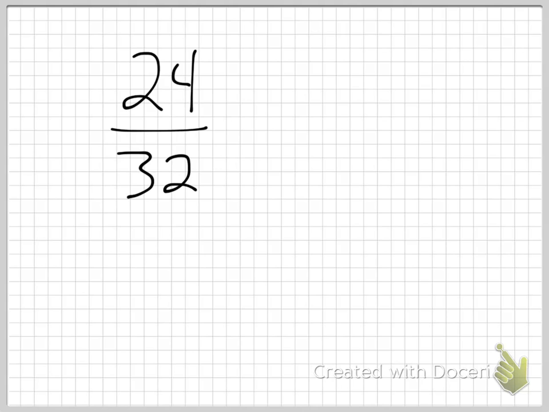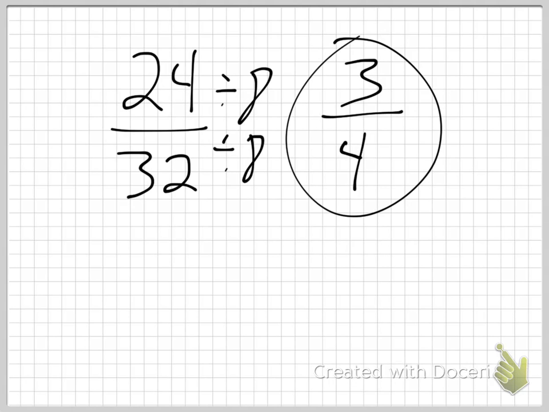What did you do? So you divided it by 8? Or I divided it by 1 in the form of 8 over 8. Divide by 8, divide by 8. What is 24 divided by 8? 32 divided by 8? 3/4.